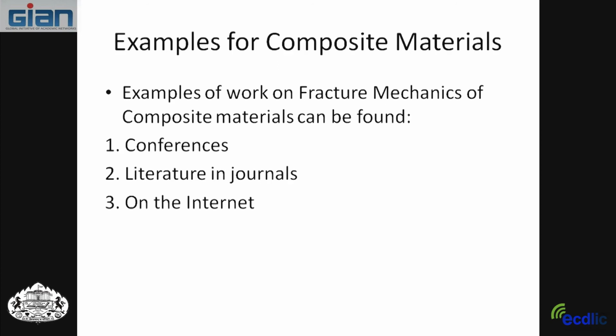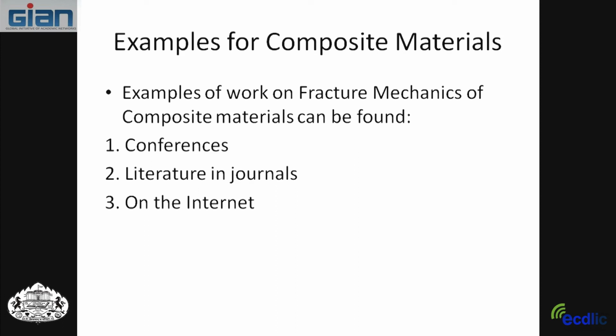Here's some examples of where you can find stuff, and if you want to know a lot about this, you mostly have to look up fracture mechanics work for composite materials. You can find them in conferences, literature and journals, or on the internet. I don't know much about the literature.